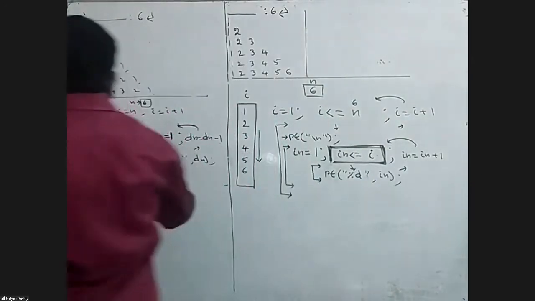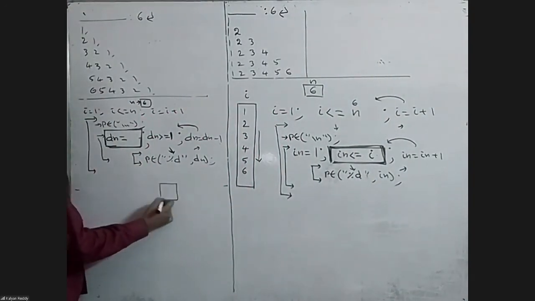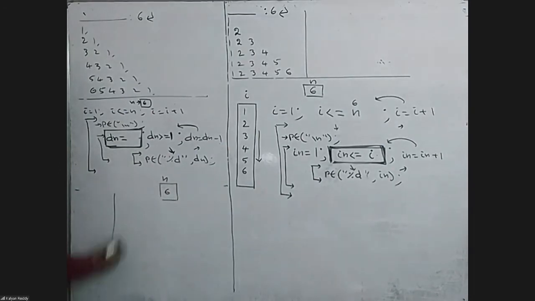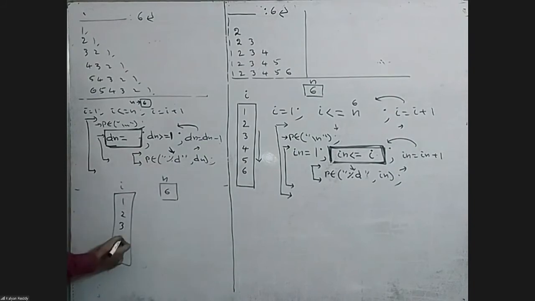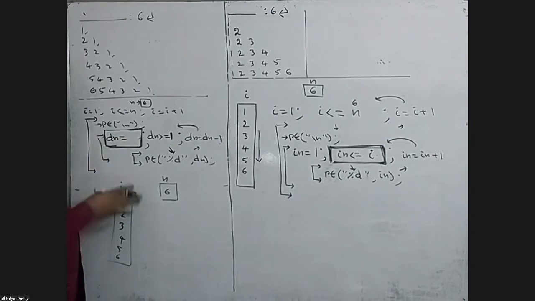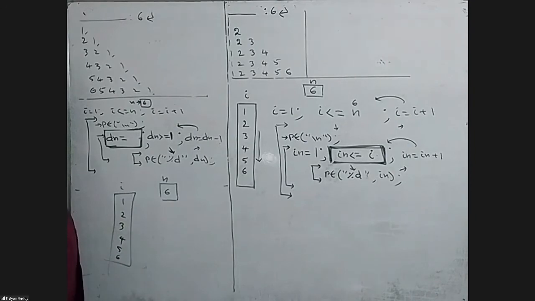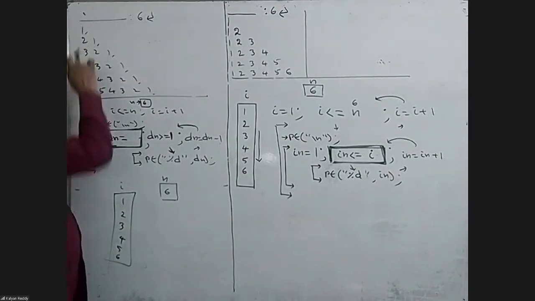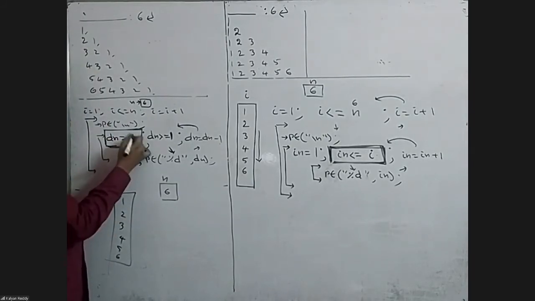Outside, the available variables are N and I. N value is 6. I is 1, 2, 3, 4, 5, 6. So the starting value is either a variable or maybe an expression. Variable means maybe I or maybe N. Expression means N plus I, N minus I, N into I, like that. First time it needs to be 1. Next time 2. Next time 3. Next time 4. So directly go with I. That's it. So simple.